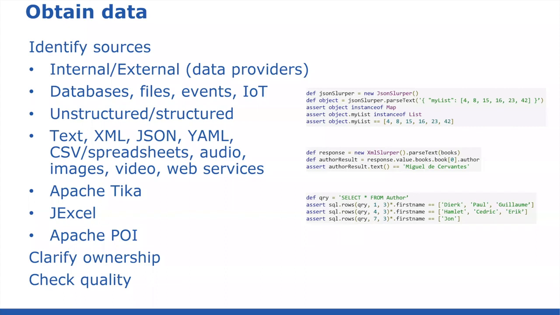Apache POI will let you read and write Office files, and JXL does the same thing just for Excel files. So there's a whole bunch of libraries there that allow you to easily get to data. I'll have some little Excel spreadsheets coming up, and we could easily be pulling those into our Groovy script using these libraries.